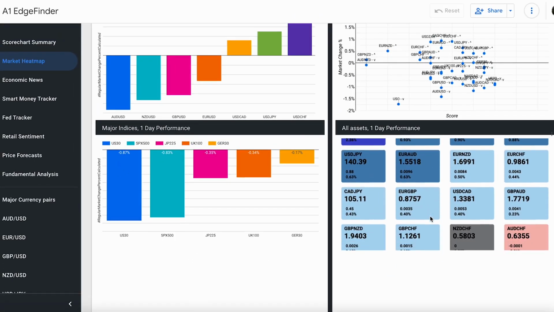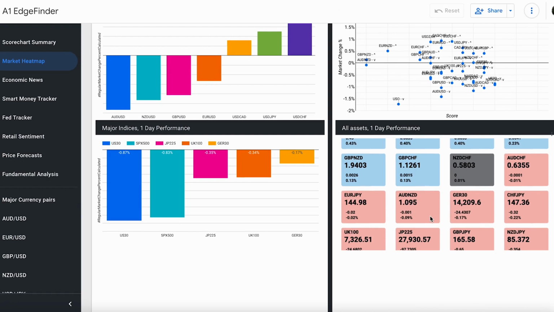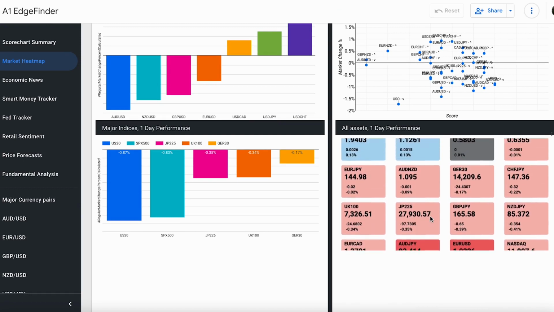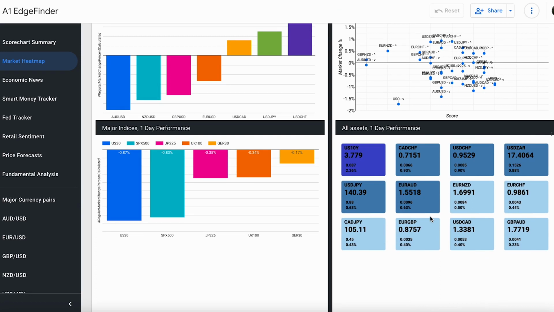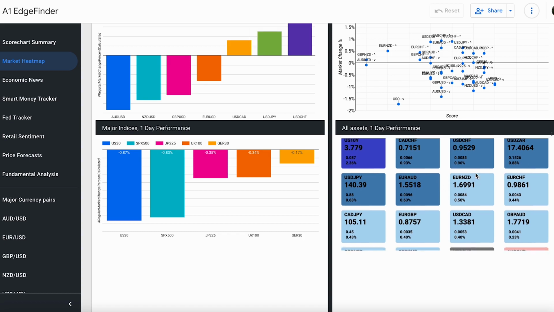We can take a look here and scroll through some of these other minor currency pairs and see how much they've moved either up or down from yesterday to today. For example, our biggest minor pair move from yesterday would be CAD CHF at 0.93%. We can see USD CHF there, like we just mentioned, 0.9%.